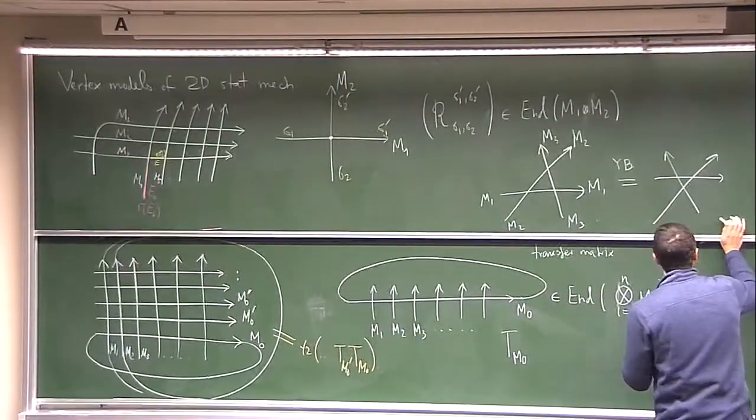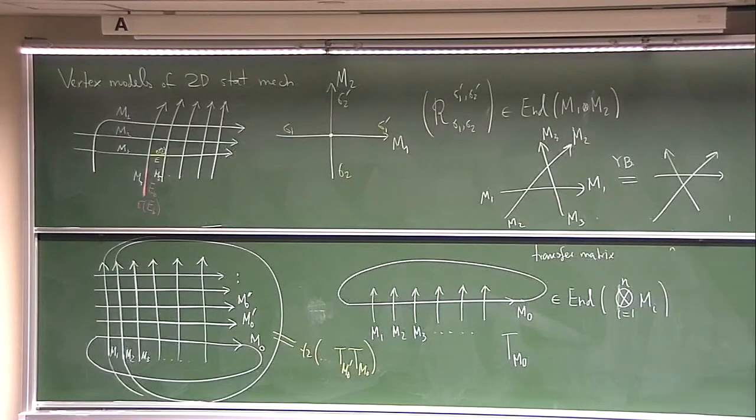And Baxter's observation is precisely that if the Yang-Baxter equation holds, then the transfer matrices commute.